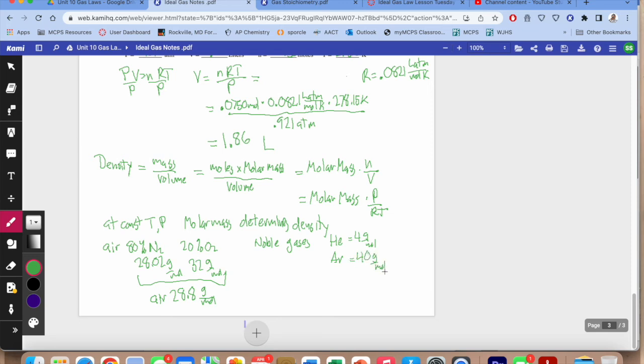Okay, I'm pretty sure that's right. Don't have my periodic table on me, but I'm pretty sure that those are accurate. Well, what that means is that this would be less dense than air, and it would float, which is why we use it in children's balloons. Right? But argon would be more dense than air.